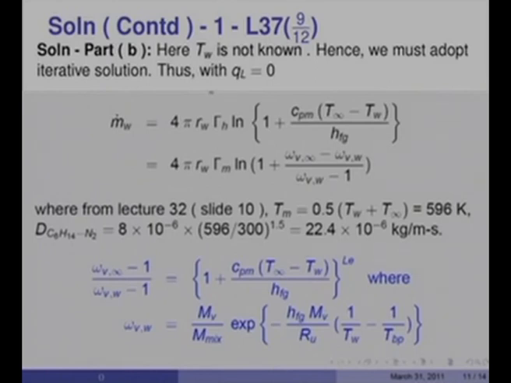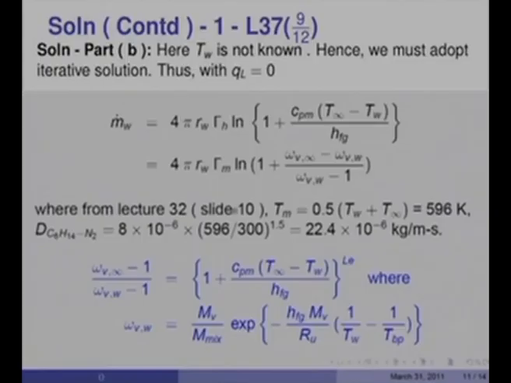Since inside the droplet there is no temperature variation, QL will be equal to 0, and therefore, our formula would be m dot W equal to 4 pi RW gamma h ln 1 plus Cpm (T infinity minus TW) divided by HFG, and that would also equal the mass transfer formula with Bm, 4 pi RW gamma m. Gamma m, as you know, is rho m multiplied by diffusivity. Gamma h is Km divided by specific heat, and Bm is 1 plus omega V infinity minus omega V W minus 1.